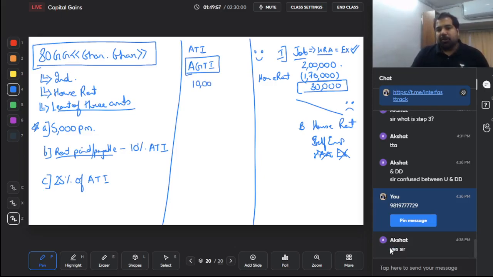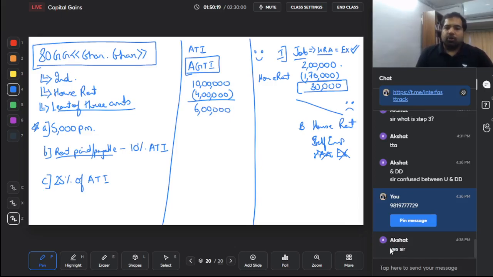From your available GTI, you minus all the deductions, 80C, D, E, JJ, QQ, all except this GG. So let's say if you minus all deductions, it comes to minus 4 lakhs. So what is the remaining? 6 lakh. That is your ATI.